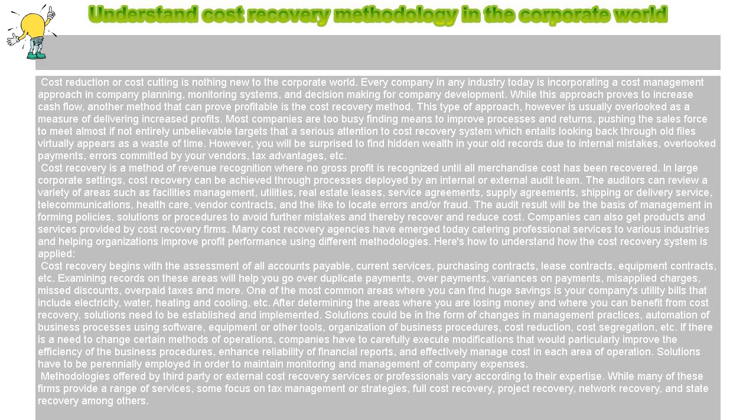Solutions could be in the form of changes in management practices, automation of business processes using software, equipment, or other tools, organization of business procedures, cost reduction, cost segregation, etc.